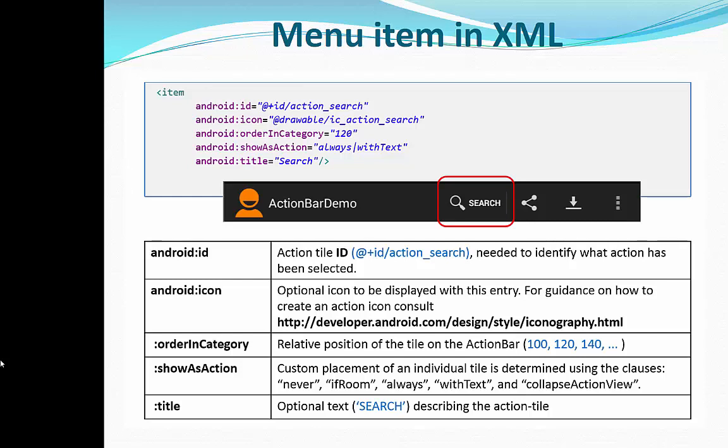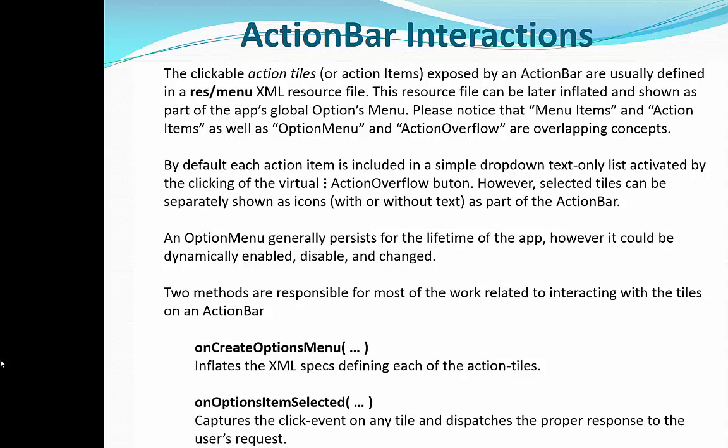So when you do this, you need to decide how to process the menu when it's selected, right? So this requires a little bit of programming. We need to inflate the resource menu as a global options menu. The options menu generally persists for the lifetime of the application.